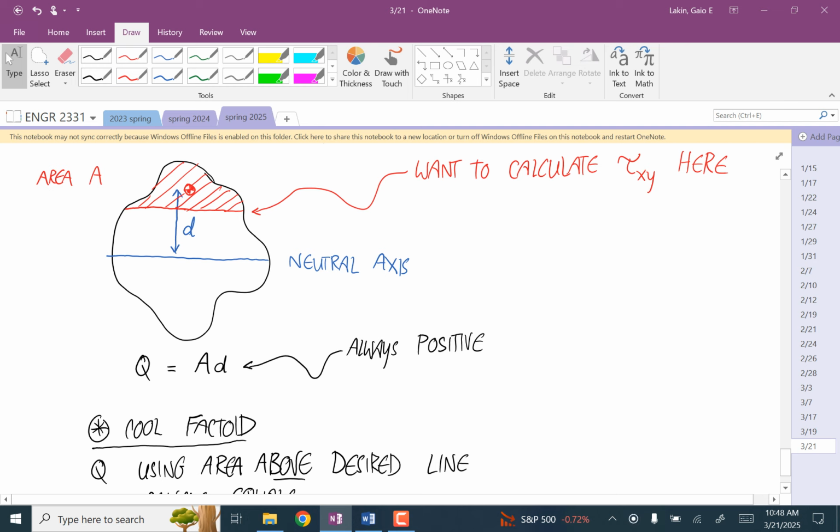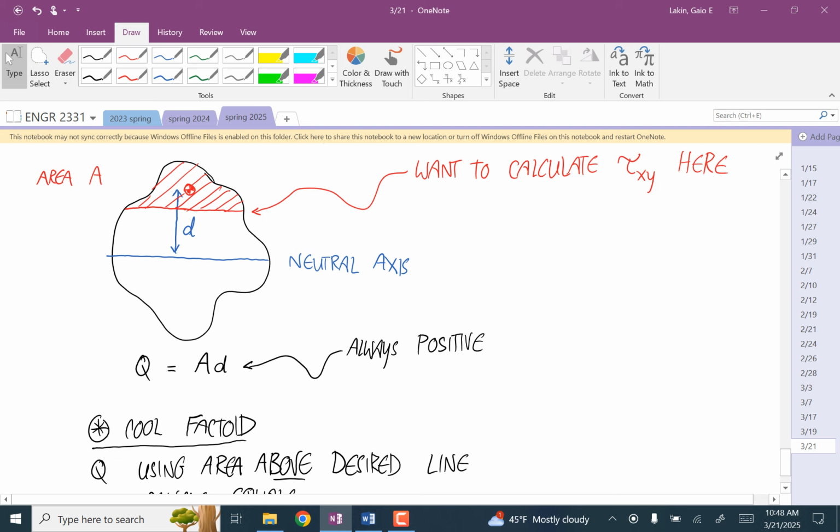One other thing about this. I said that it seems pretty useless that we can only calculate the stress due to shear force for a circular cross section at the neutral axis. But this Q value is always biggest at the neutral axis.